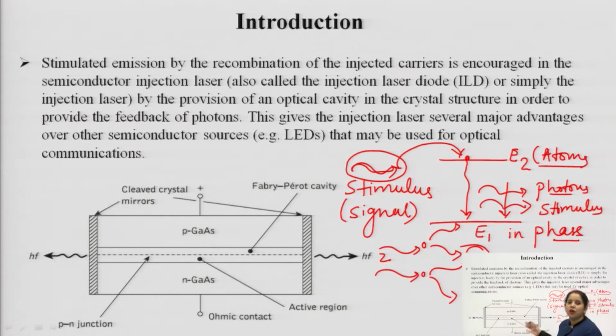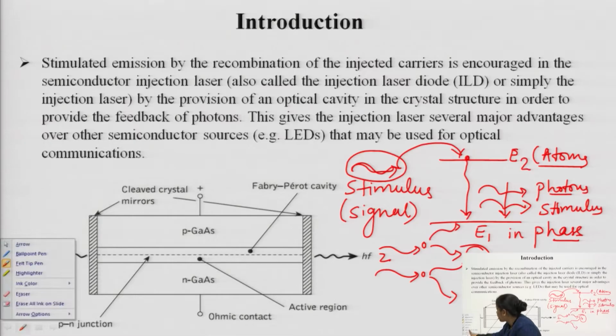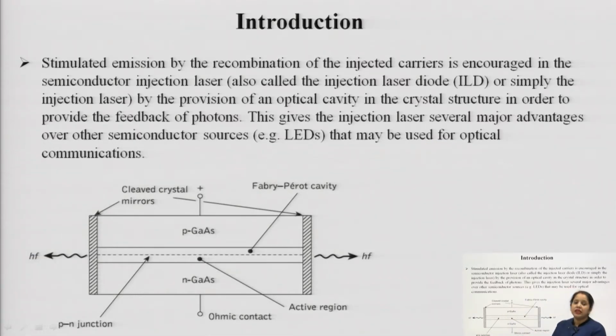This process keeps on continuing and the multiplication continues. This is the major advantage of the injection laser, and it is possible due to the presence of feedback, which is provided by the mirror.